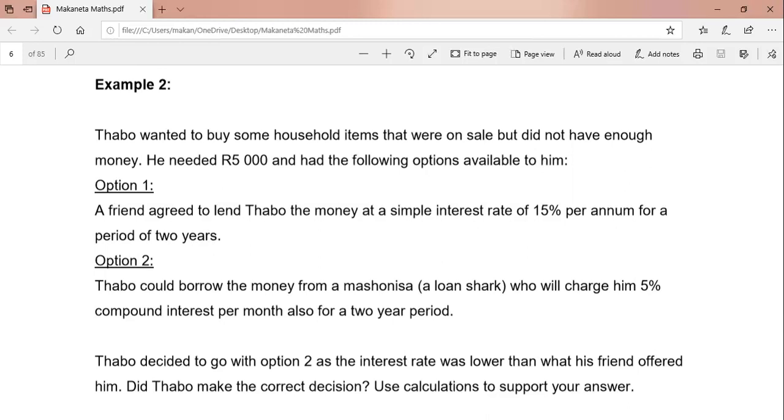It should be clear at this point that Thabo made a wrong decision. Option 2 is not the right selection, in spite of the lower interest, which is now 5%, because there's a huge difference between compound interest and simple interest.